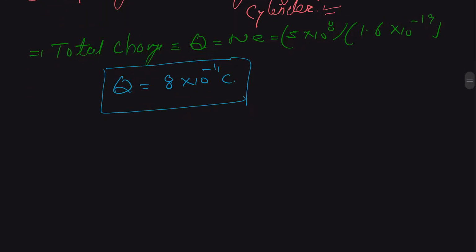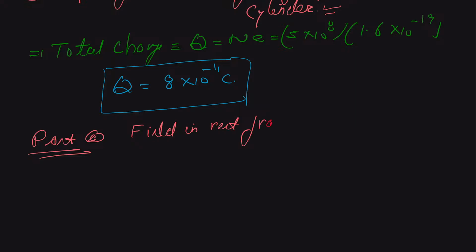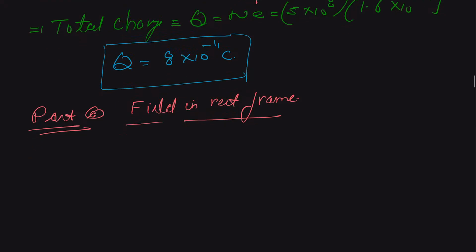So let us start with part A, and part A is our electric field in the rest frame. For that, we are going to find out the charge per unit length.